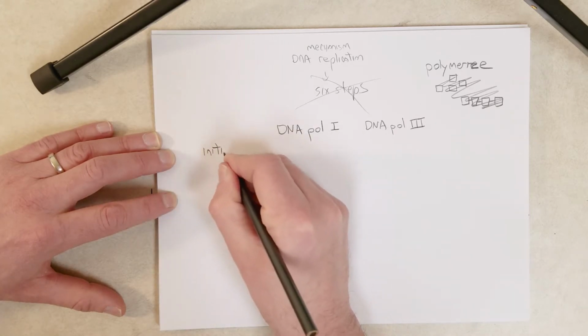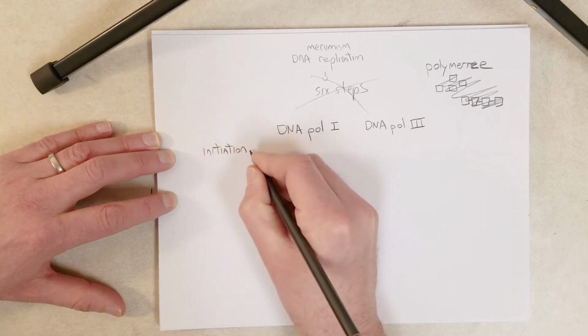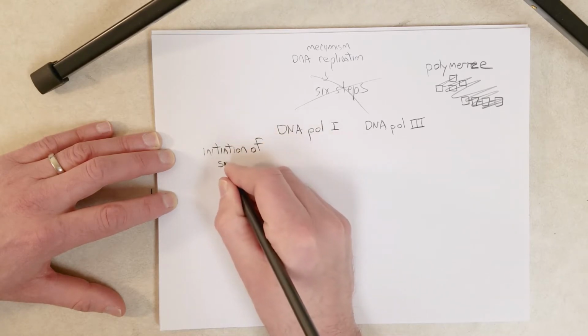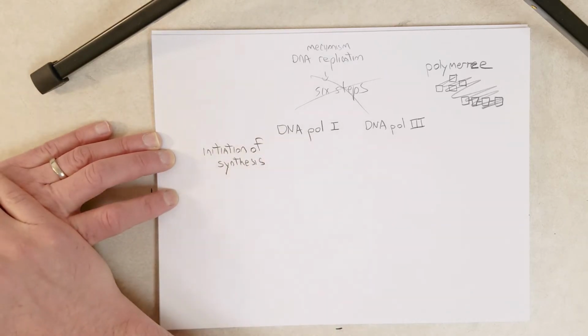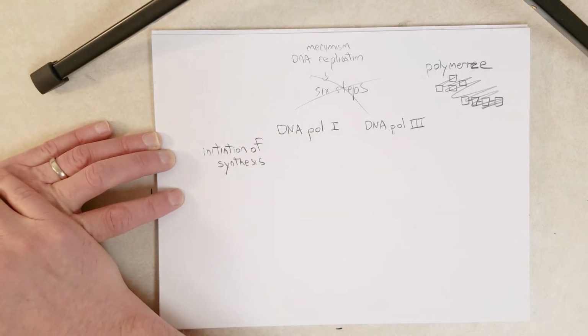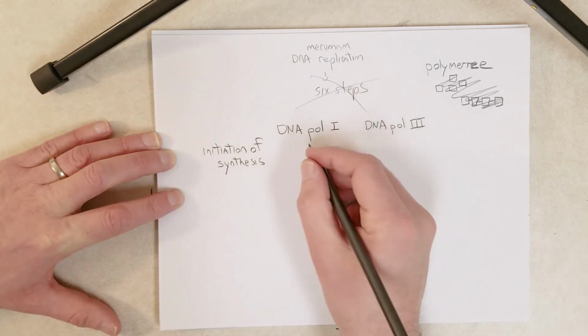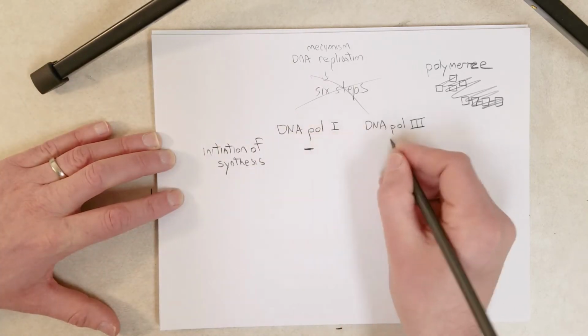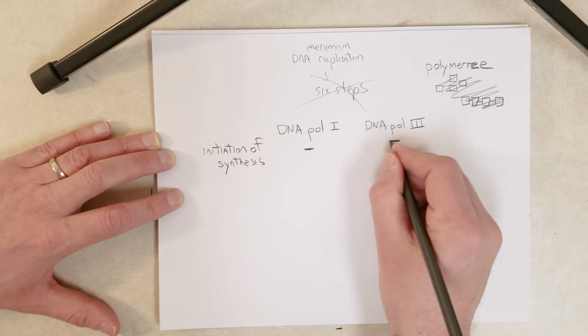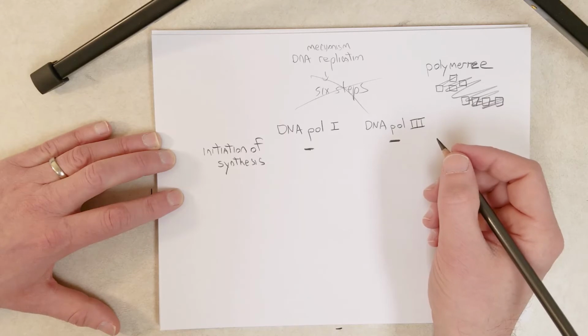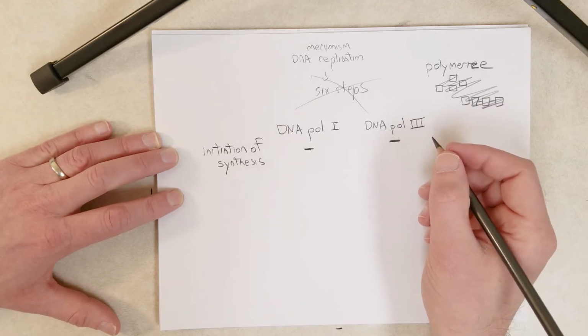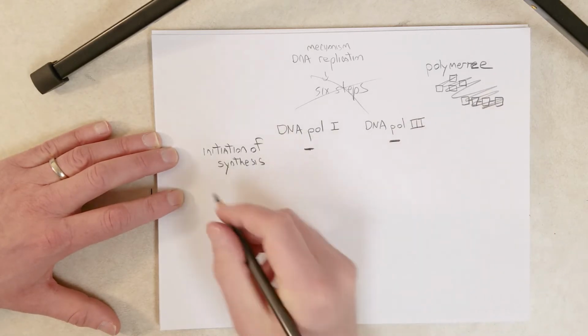One of the properties they do not have is called initiation of synthesis or initiation of polymerization. So they cannot just take a random bunch of nucleotides and start joining them together. As we will see, they need a free 3' end of another nucleotide, or a primer, I should say. And we'll talk more about that in a moment.